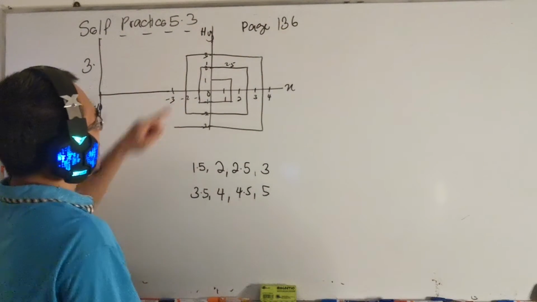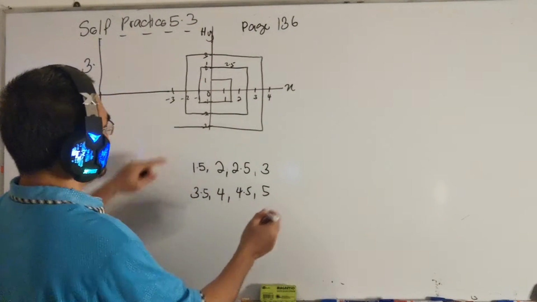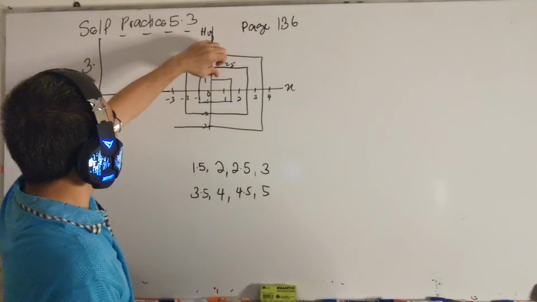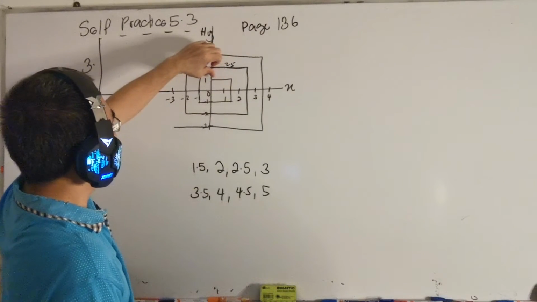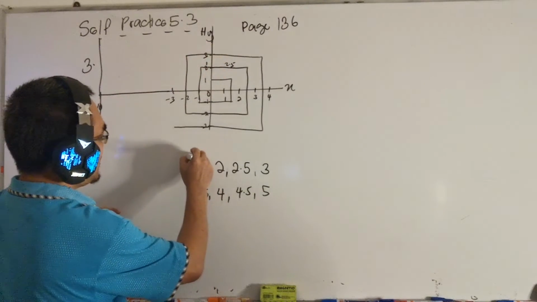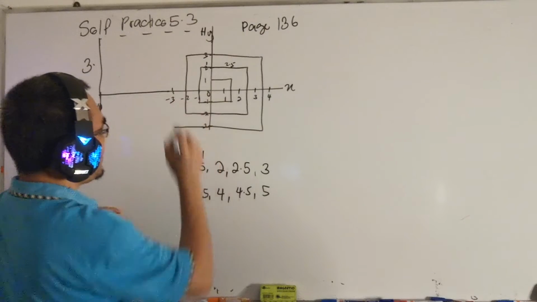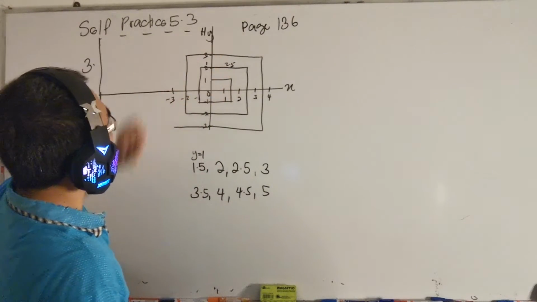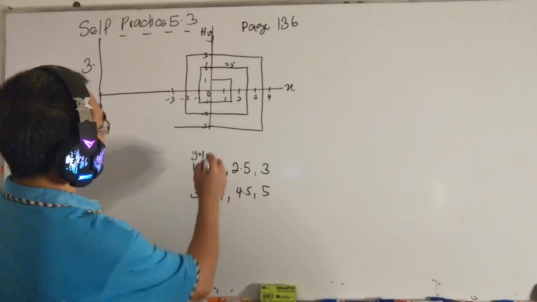So let's talk about the first line: this is y equals 1, and then this is x equals 1.5.